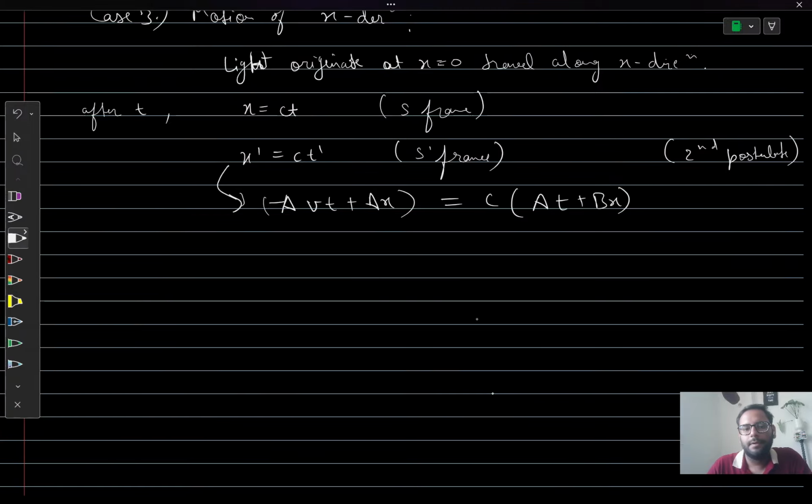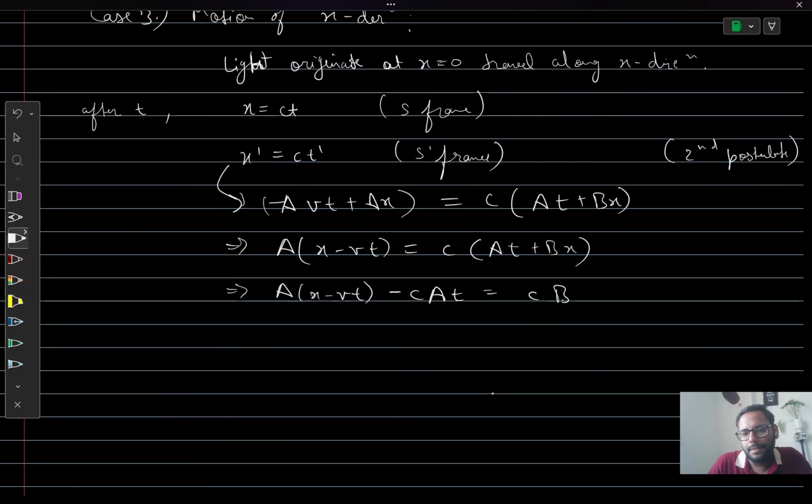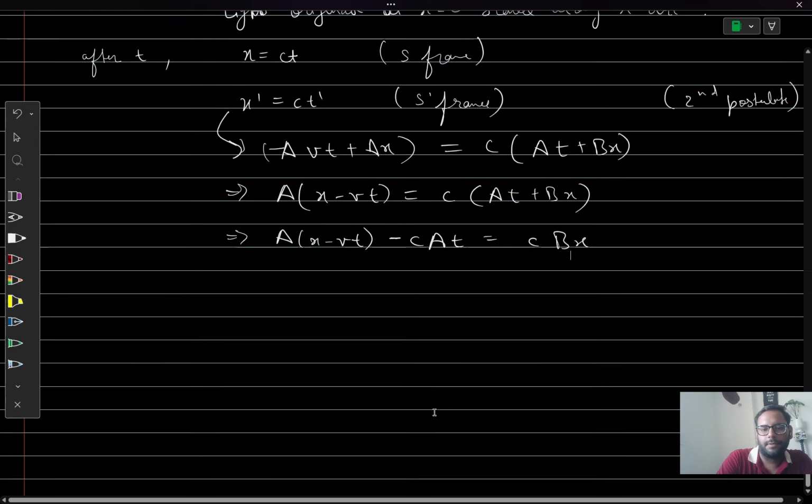So you can also write it as a times x minus vt equals c times the other term, minus c a t plus c dx, right?